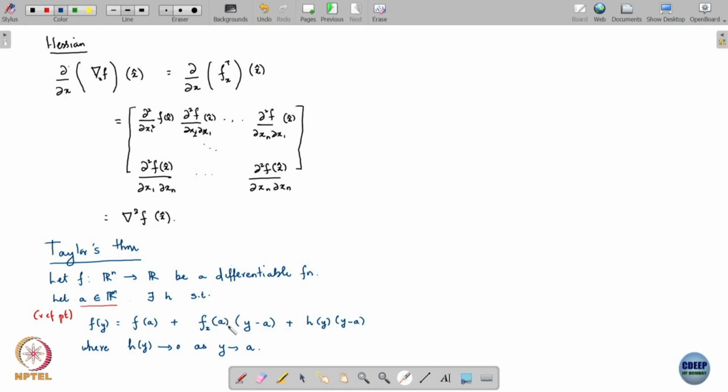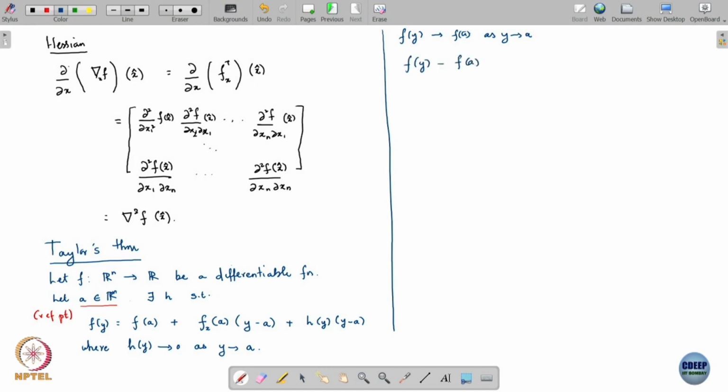So it is of course true that as y tends to a, f of y tends to f of a. But what this theorem is actually telling you is how fast f of y tends to f of a as y tends to a. It is giving you a measure on this difference.